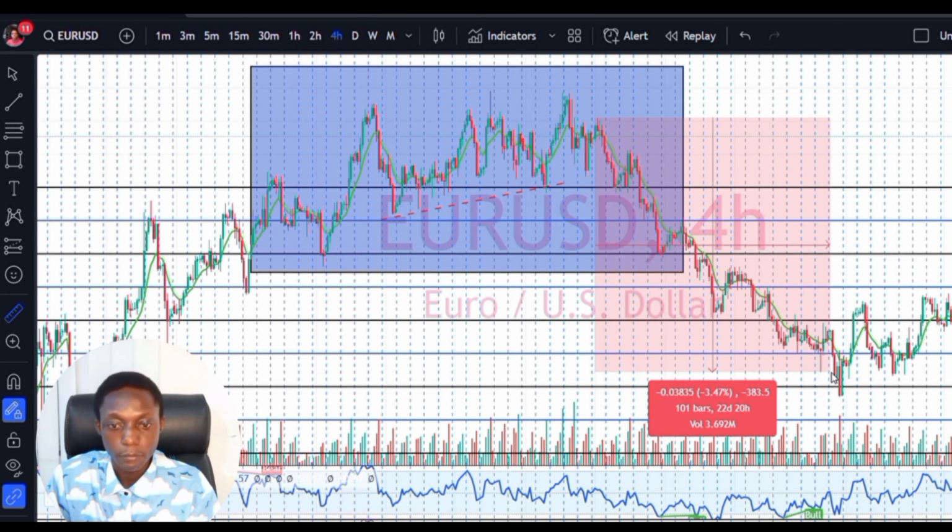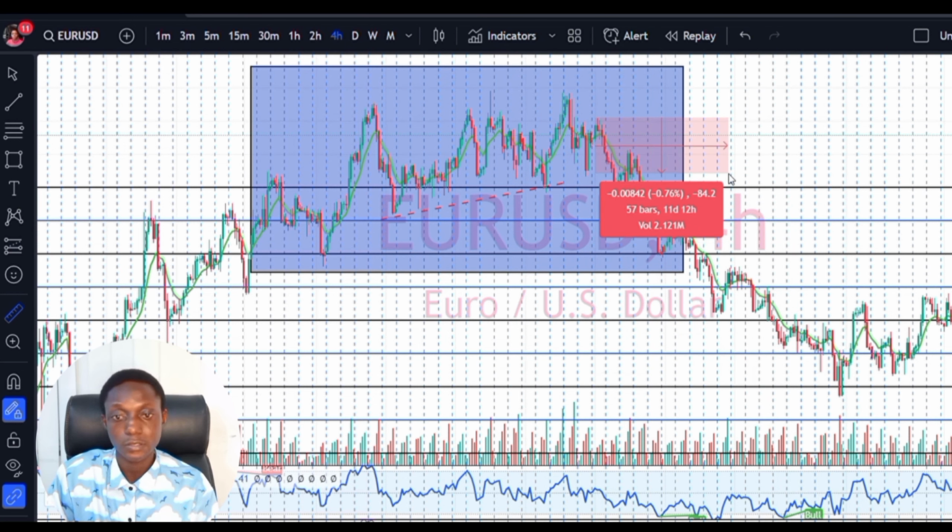You know how much you would have made. This is 383 pips. You would have been able to make some good money for yourself. Just imagine you're using a one standard lot size. Oh my god, you're making nothing less than 300 plus figure. So that's cool money if you have this knowledge and understanding.